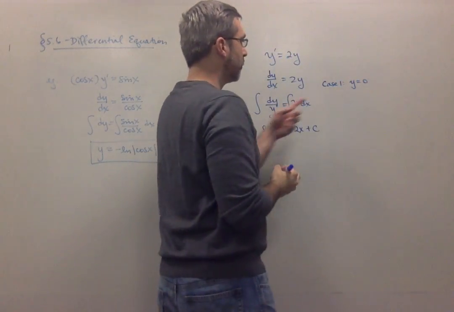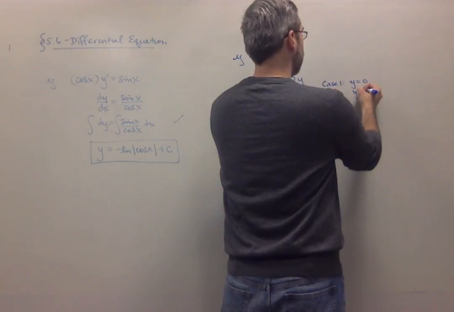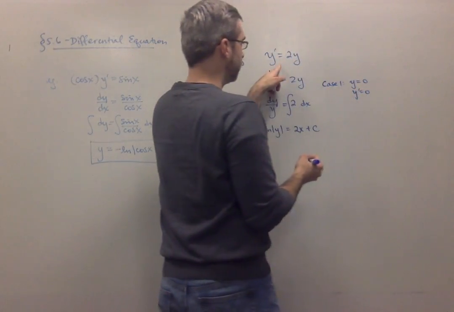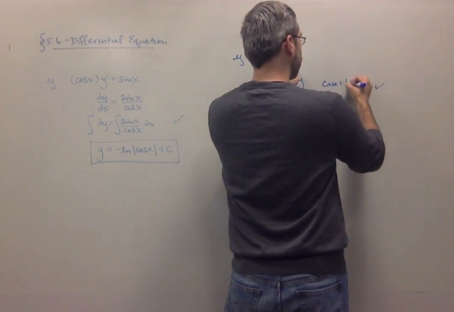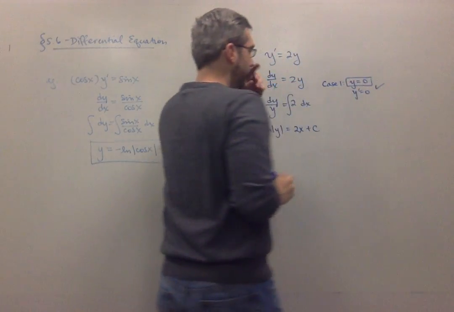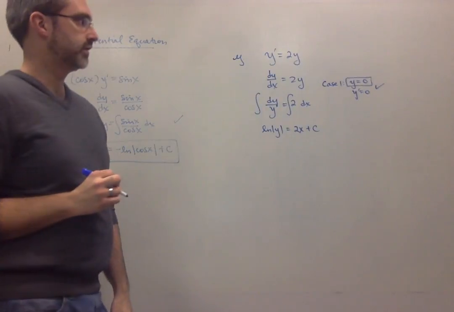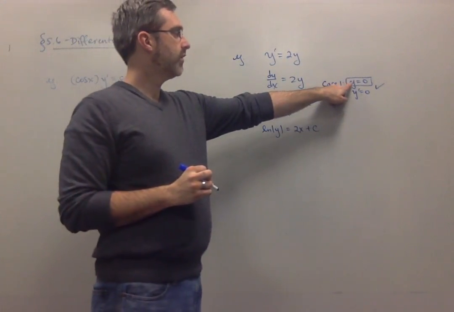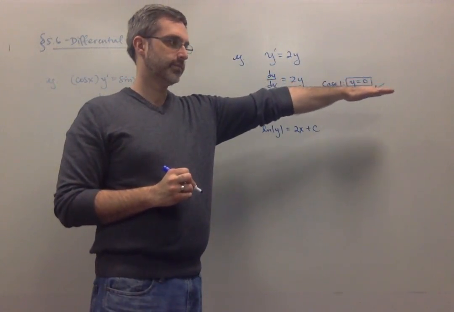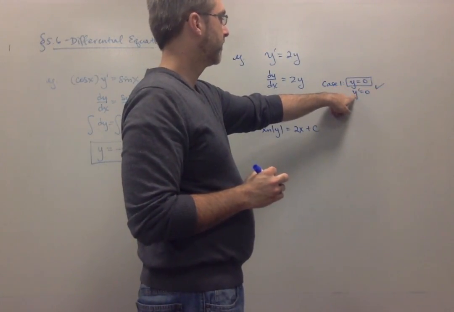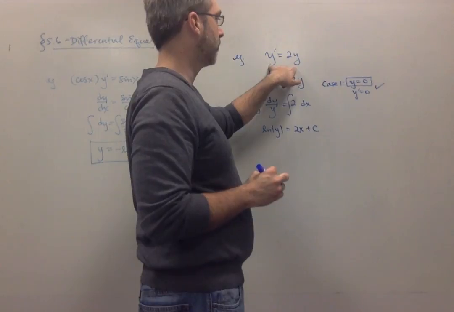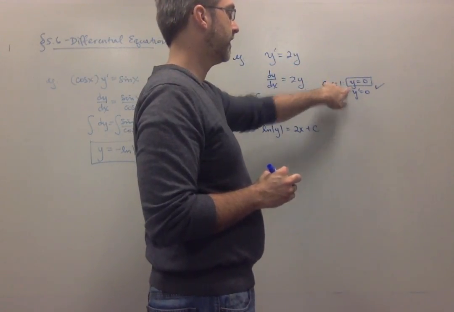Now if y equals 0, the derivative is also 0, and if you were to plug those in, that actually works. So y equals 0 is actually a solution. Do you see that? If y was the 0 function, constantly 0, then when you take the derivative it is also 0, and that works in this equation. So that solution actually does work.